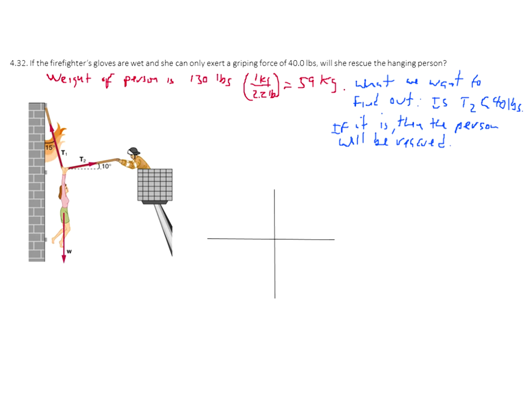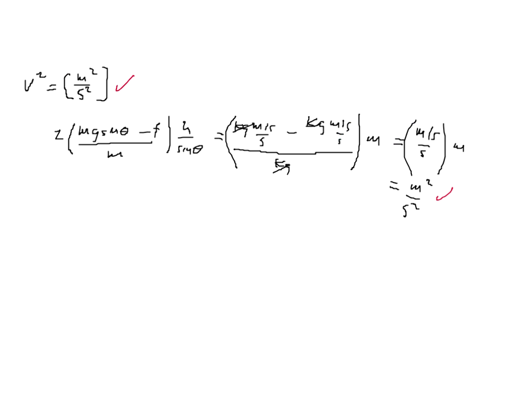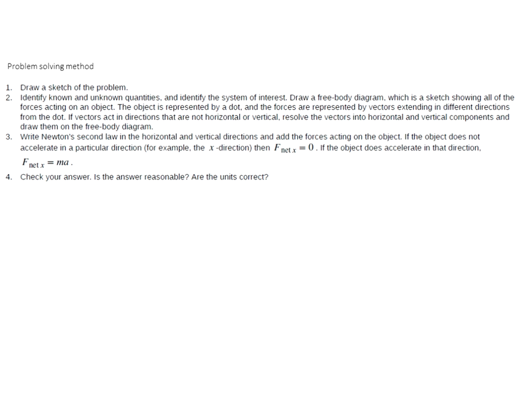Okay, so we've got 3 forces. We've got the gravitational pull of the Earth downward. So if we go back actually to this here, one of the things that we noted here, the object is represented by a dot.